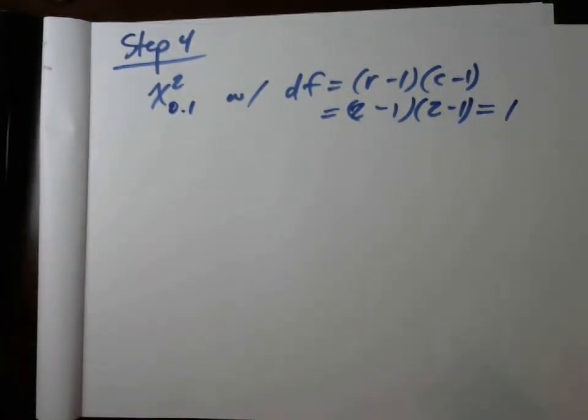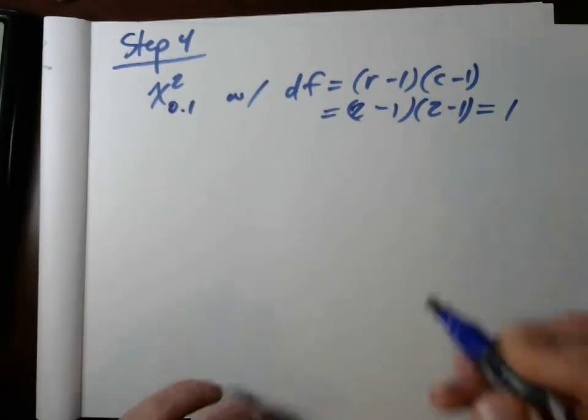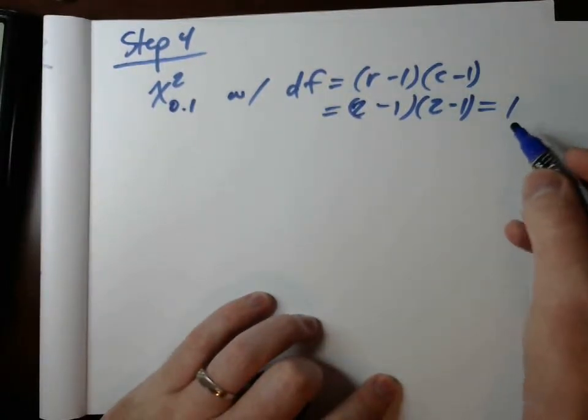All right, so our test statistic. We would go back to the chi-squared table, and we would look under 0.1, and we would find degrees of freedom 1, 2.706.